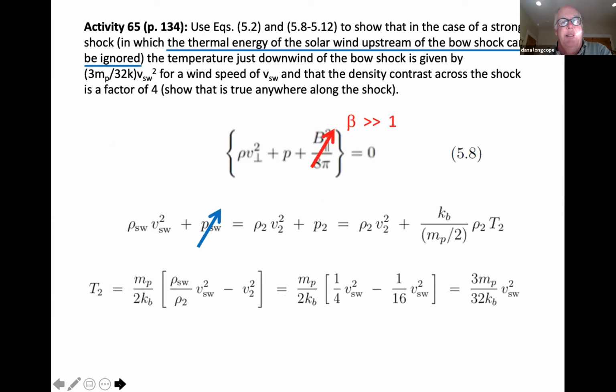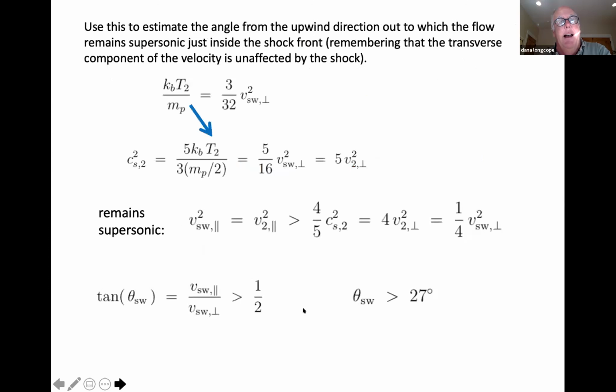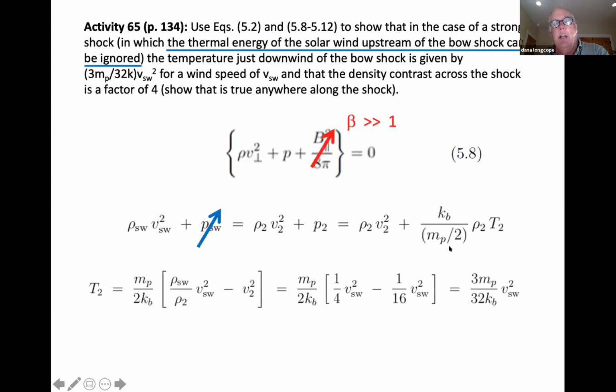Okay, so let's do this together. So here is the key thing: you're going to use this expression here, which tells you the downstream temperature and density, and I basically solve for T2, and what I get is I have the solar wind speed over rho 2. That's where the density increase of a factor of 4 is going to happen.